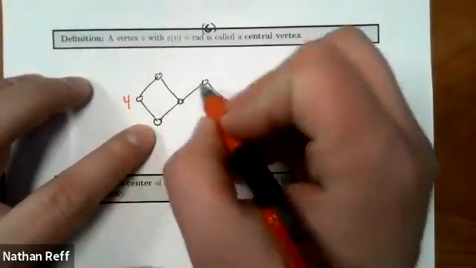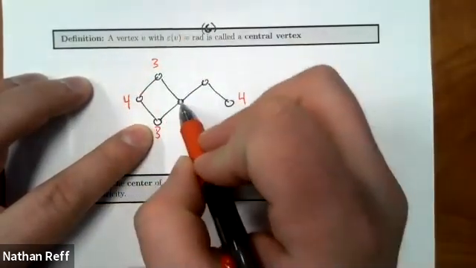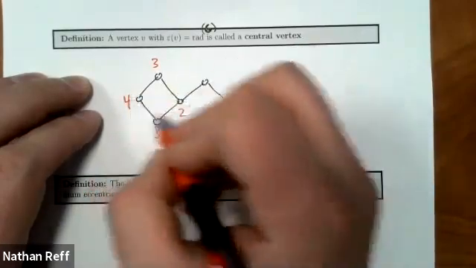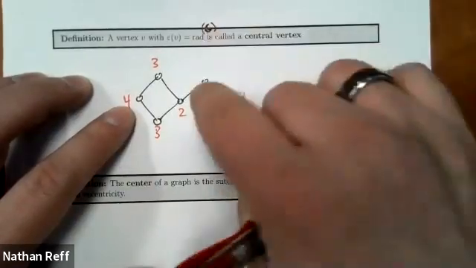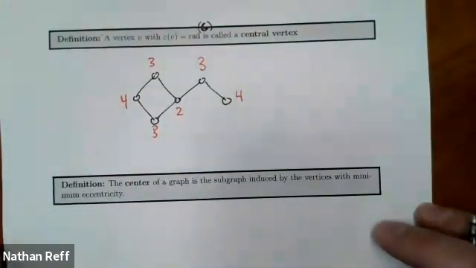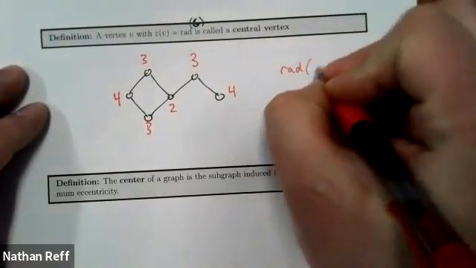Okay. These ones are, this is 3 and 3 to get to this one. And this one is distance, max distance 2, right? So 1, 1, 1. And then these two are distance 2 away. And then this one is distance 3 away from this vertex. Okay, so what's the radius of this graph?